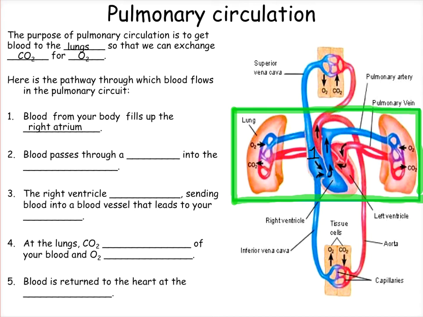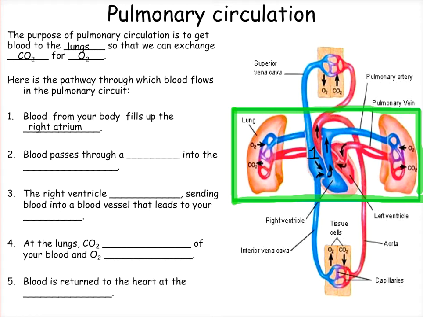Now, the blood that fills up the right atrium is used blood. It has already dropped off its nutrients and oxygen molecules at the cells, and it is already carrying carbon dioxide and other waste products that it picked up from the cells. We call this blood deoxygenated blood.